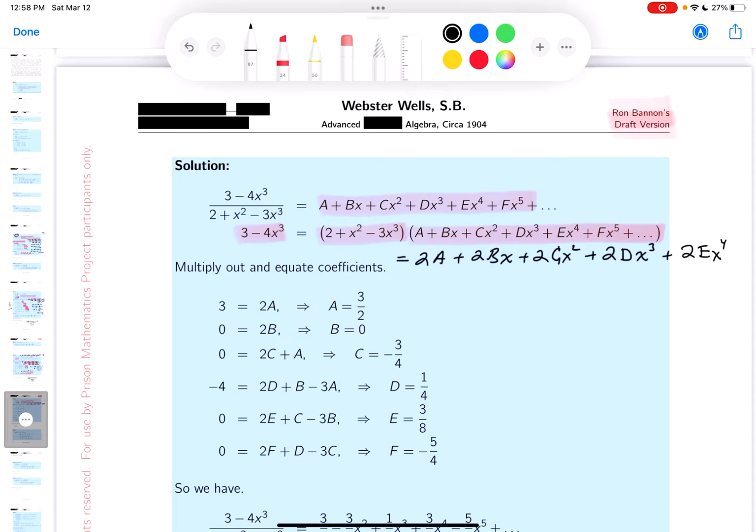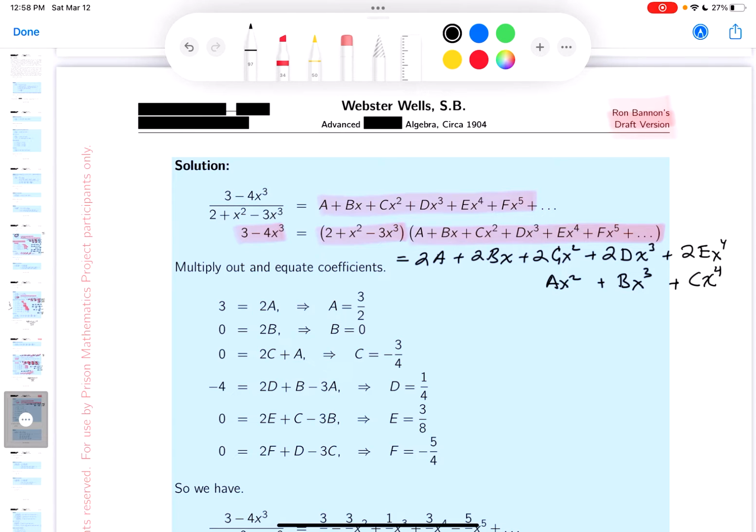All right, let's go on to the x squared now. What are you going to get? A x squared plus bx cubed plus cx^4. All right, that's not so bad.